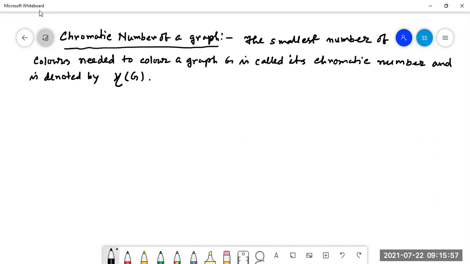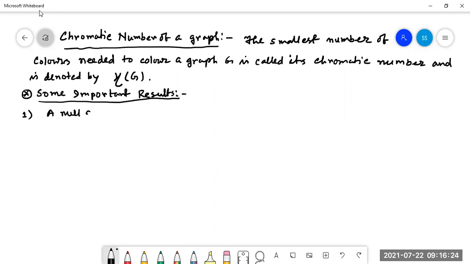Now some important results. Number one: a null graph is monochromatic.